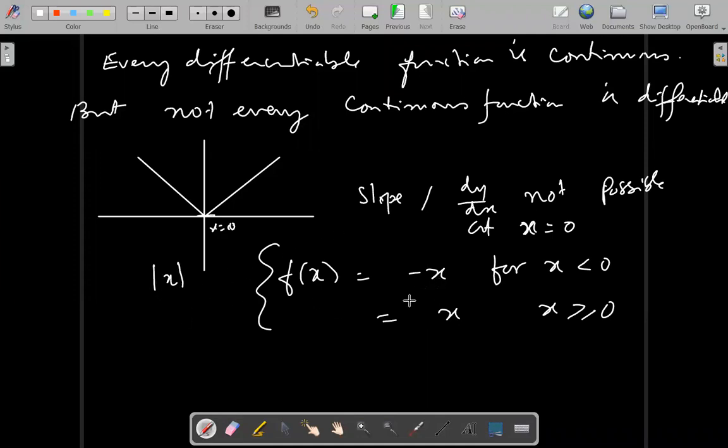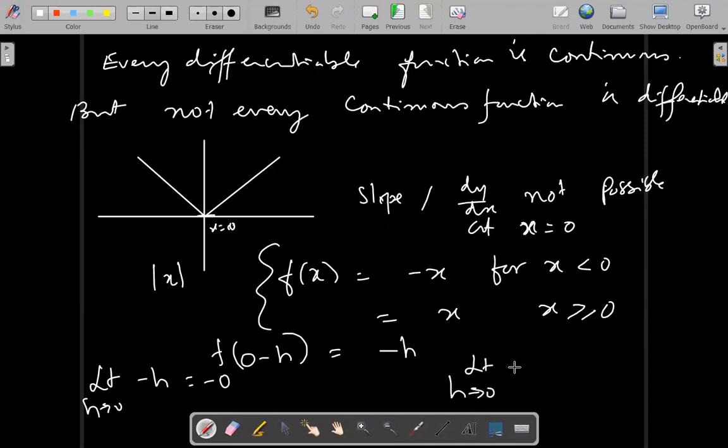So when we apply the left hand limit, LHL will be 0 minus h, f of 0 minus h, which is nothing but we are substituting minus h, so you will have minus h. The limit as h tends to 0 of minus h is minus 0, whereas for the right hand limit, with plus h, it is 0.